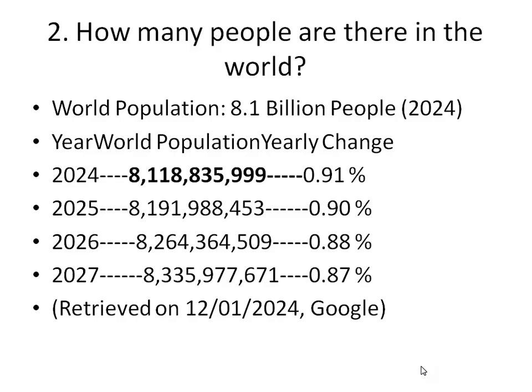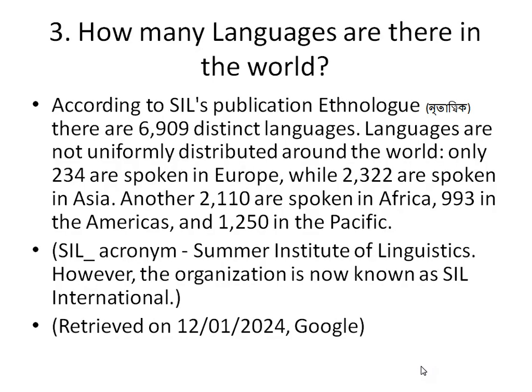More than 800 crore people are living in this world. Out of this, China and India have the largest populations, and at the same time you will see that at present there are 6,905, nearly 7,000, living languages.